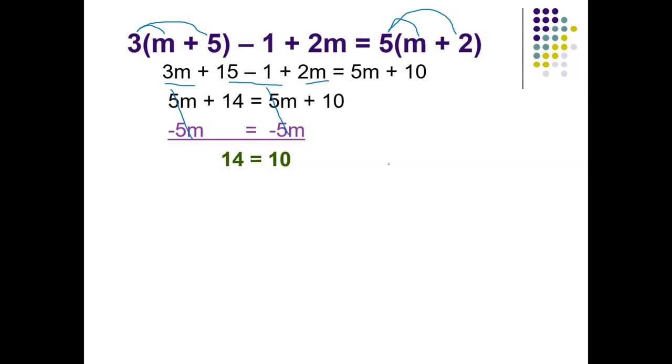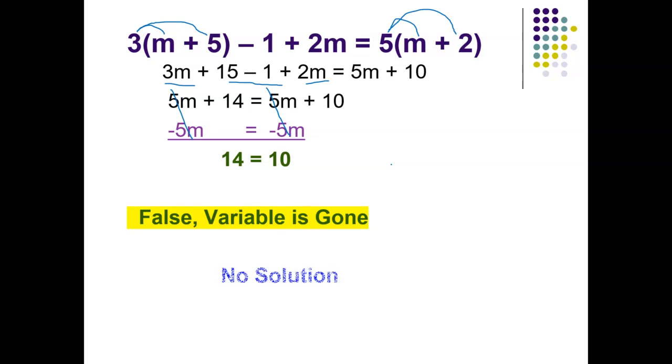The second thing I notice is that 14 equals 10 is not true, which means it's a false statement. Anytime you get a false statement and the variable is gone, you write your answer as no solution, meaning there is no number for m that I can replace on both sides of the equation that will make them the same. It's not possible. So the first type, we saw exactly one answer. This is the second type, where no solution is possible.